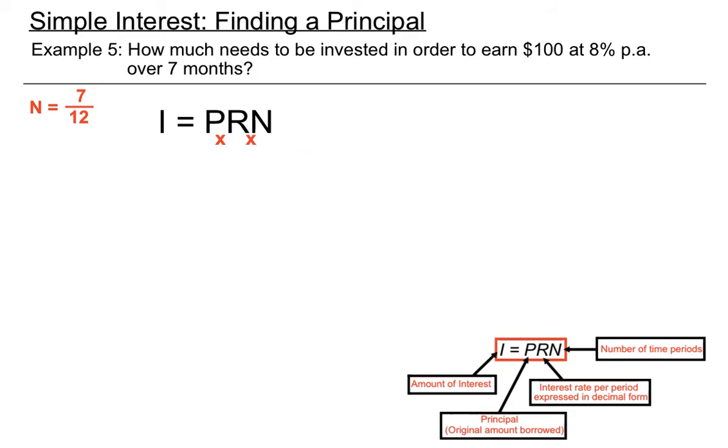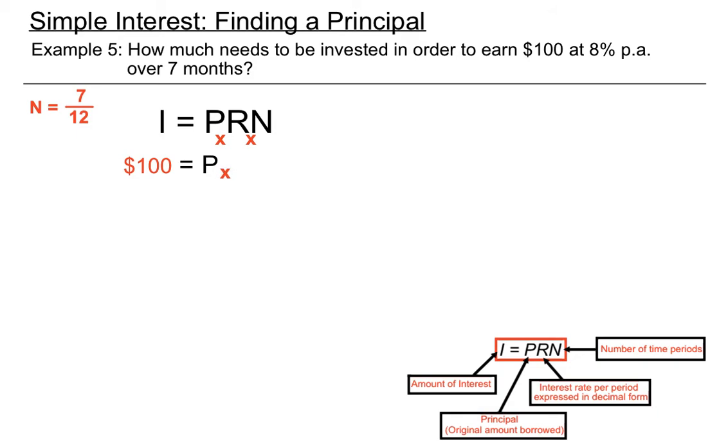I equals PRN, we're multiplying, remember. Do we have an interest amount that is in the question? Yep, we want to earn $100, so that's our interest amount. So we'll put that under the I. Do we have a principal? No, we're trying to find the principal, so we'll just leave that as P.